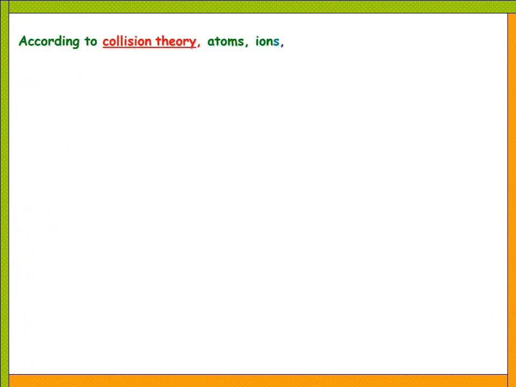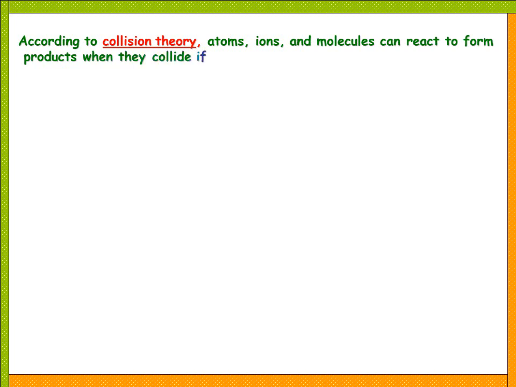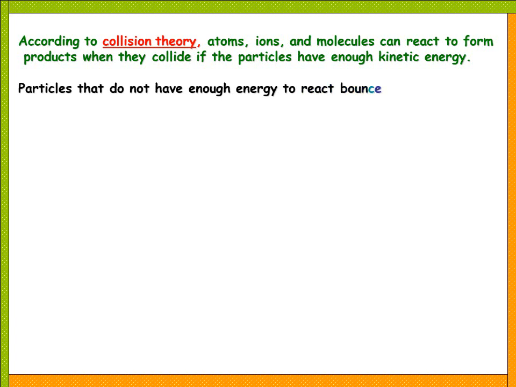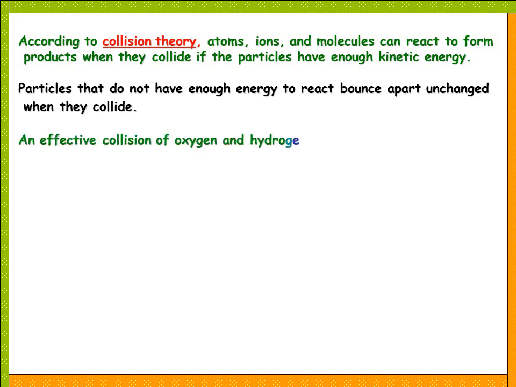We have a collision theory that explains this. We have atoms, ions, and molecules that form the product. They collide with each other, making kinetic energy. If this kinetic energy is enough to make the reaction, they collide and produce the energy that makes the reaction.